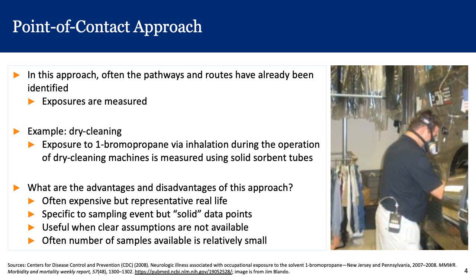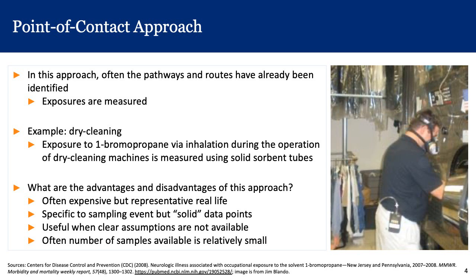It is specific to the specific sampling event, so it's specific to the period of time that you're actually collecting your sample. Your goal is to make sure that if you go out and do sampling, that sample is representative of the overall exposures people have, but that's not necessarily a given. You have to assure that your sampling is representative. One of the advantages of utilizing this approach is it does give you some very solid data points, actual measurements, or hard data, as people oftentimes refer to it.